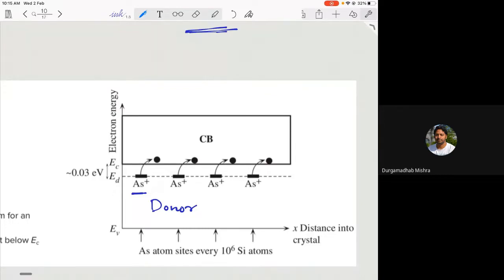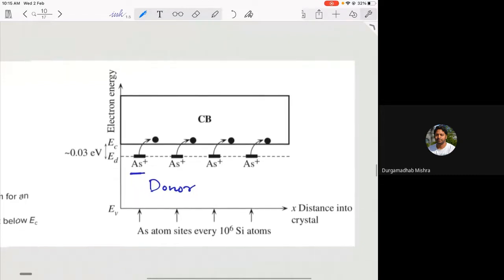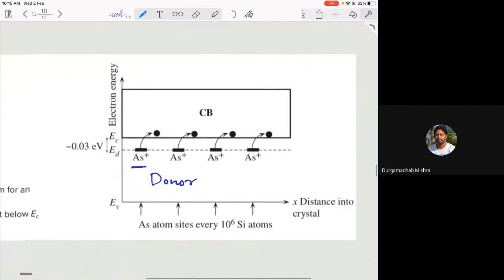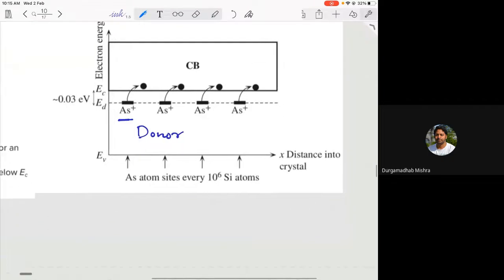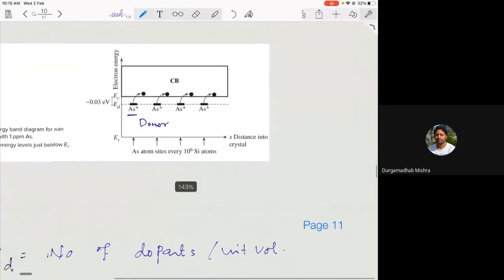But now the excitation will actually happen from the level which is close to the conduction band. The energy level of arsenic will be close to the conduction band, and therefore the energy difference between EC and ED is what will decide how many electrons will be in the conduction band.